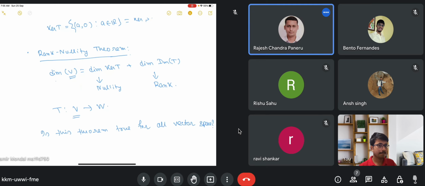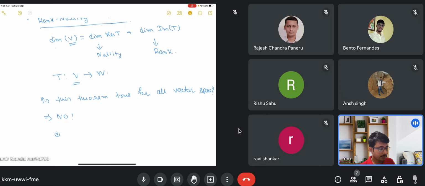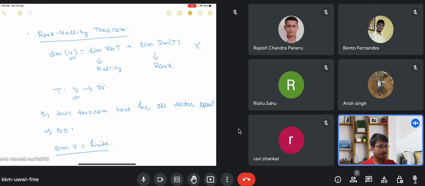Finite dimensional. So your answer is no, we need the dimension of V to be finite. So why do we need these extra conditions? Could you please give me one example of a vector space where this condition is not satisfied?